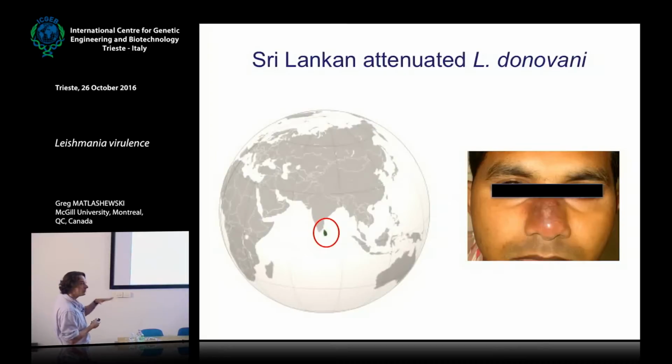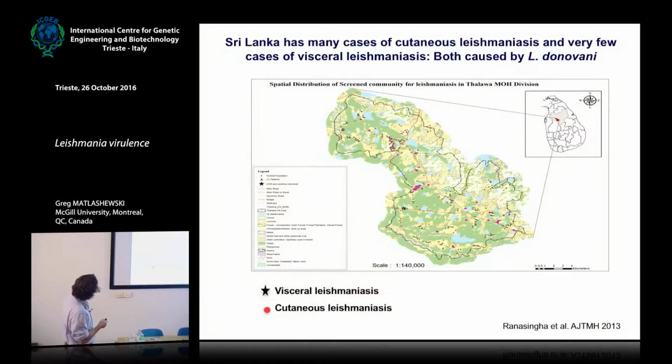But I asked her, can you also send us the parasite? This really looks like a very interesting parasite. And she was able to culture the parasite and send it to our laboratory in Montreal. And this is just typically what you would find. This was an area of Sri Lanka where there was a lot of cutaneous leishmaniasis. These are just the orange dots here.